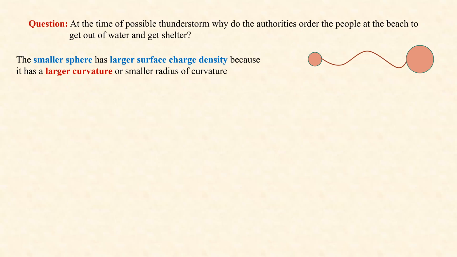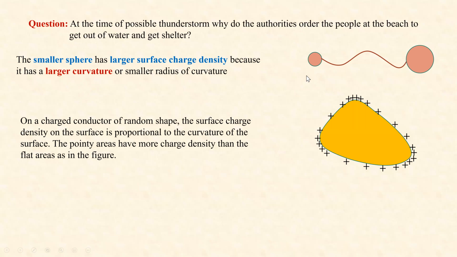So wherever curvature is larger, the surface charge density is larger. For example, if you have this kind of shape, you see that the surface charge density on these corners is larger. That is what happens if you have a conducting object. Wherever there's more curvature like this, compared to this one, there's more surface charge density.